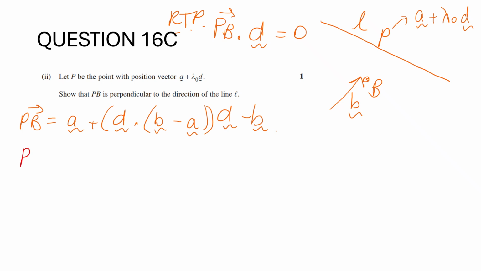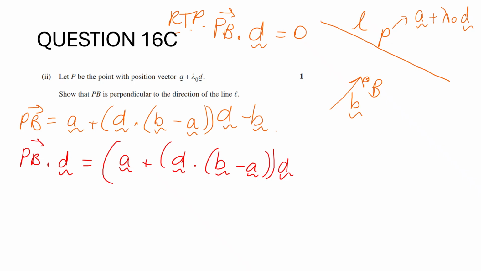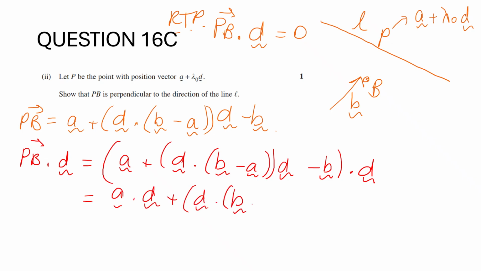So BP dot D is equal to A plus D dot B minus A, D, minus B dot D. Okay, let's expand. A dot D plus D dot B minus A, D squared, take B dot D. All right, we know that's equal to 1.